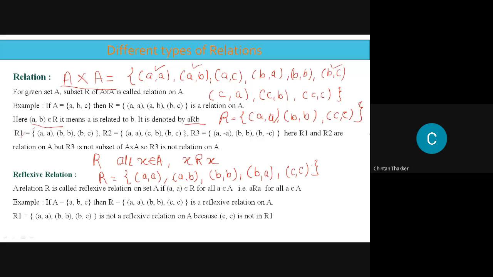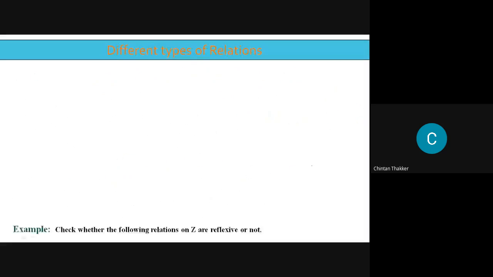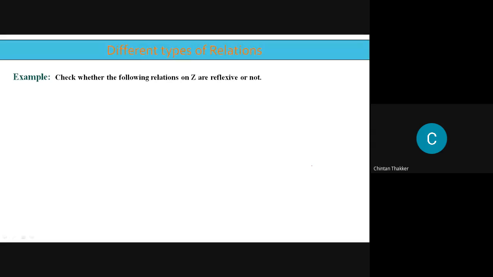We take some more examples of reflexive relation. Suppose the set Z is given, that is the set of all integers. Now x is related to y if |x − y| equals an even number.